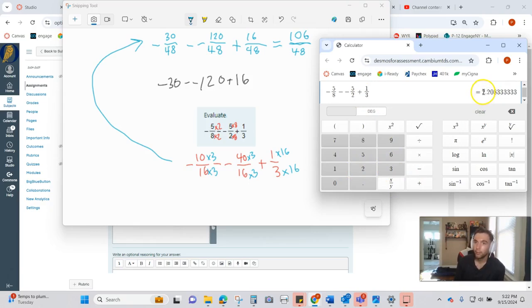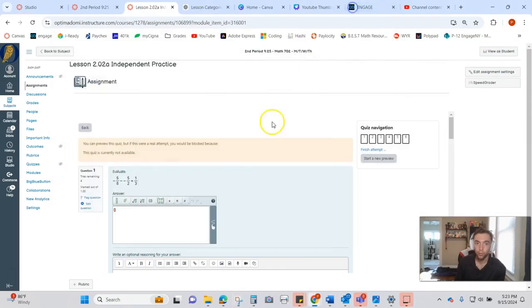But I would have to type in 2.2083 with a repeating decimal bar over just the 3. And if you don't do that, the answer's not correct. Or you could write it in fraction form. Either way works. I'm going to write this in fraction form, 106 on top of 48.